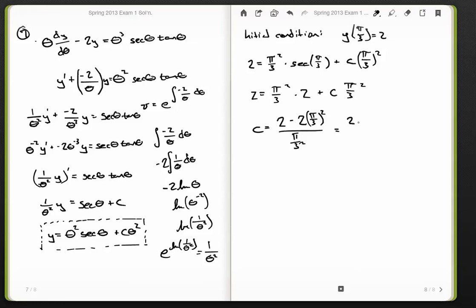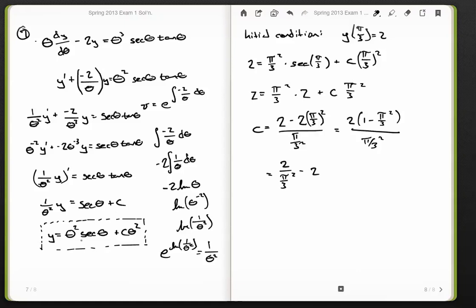Yeah, sure. 2 times 1 minus pi over 3 squared over pi over 3 squared. Well, that's not the cleanest way to do it either. What I should have done is written it this way. Just divide through the pi over 3 squared, so it becomes 2 over pi over 3 squared minus 2.